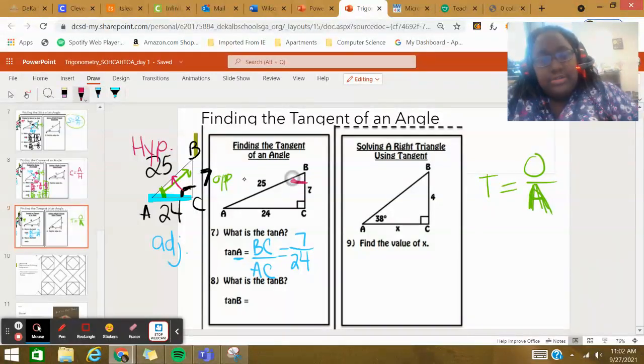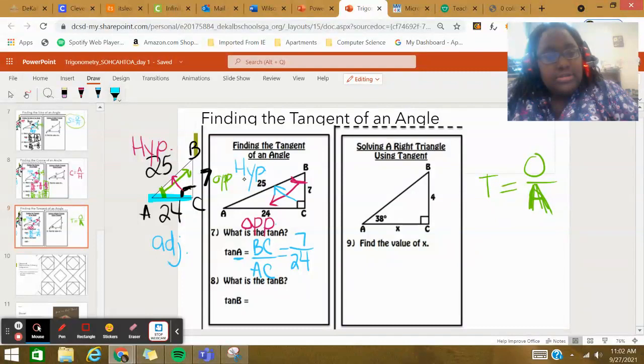Okay. Now, tangent of B. Here's B. I'm going to go ahead and draw my angle mark, going the opposite direction. This would be opposite. My hypotenuse is opposite my 90-degree angle. This is HYP. And then finally, my adjacent side is going to be the number 7, also known as BC.